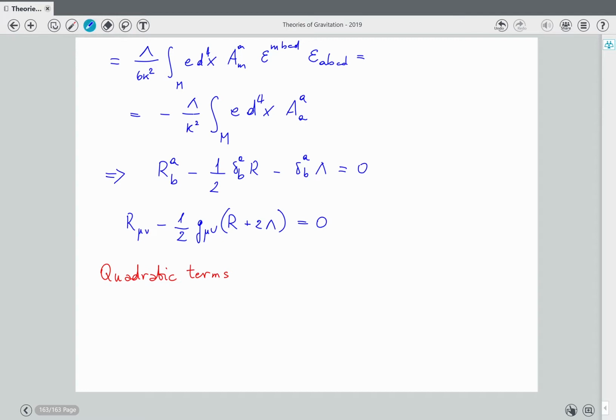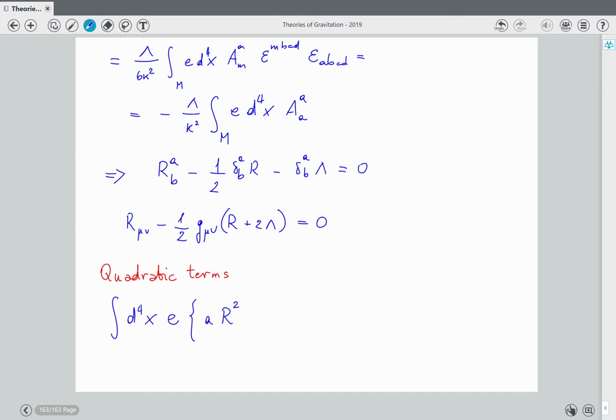Quadratic means they are built with two Riemann tensors. So you can have d4x e, square root of minus g, and then you can build the following terms with arbitrary coefficients in front, which will be coupling constants if you want.